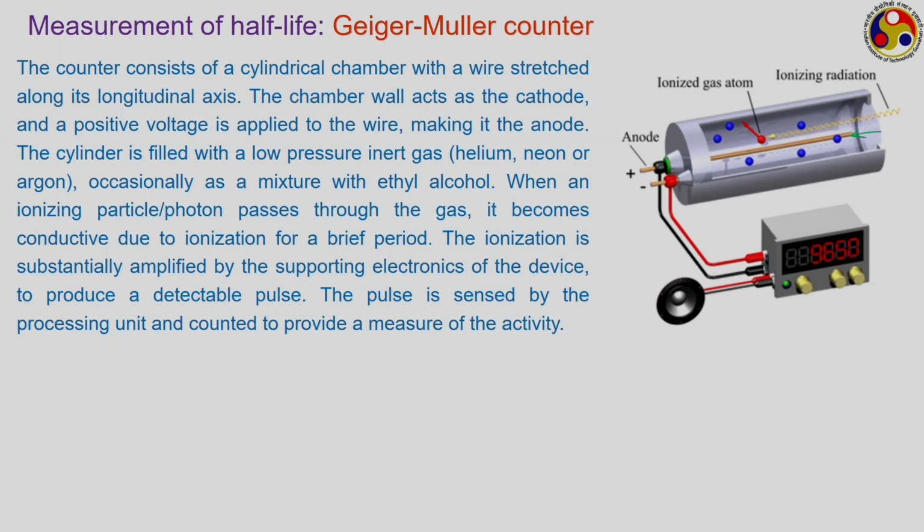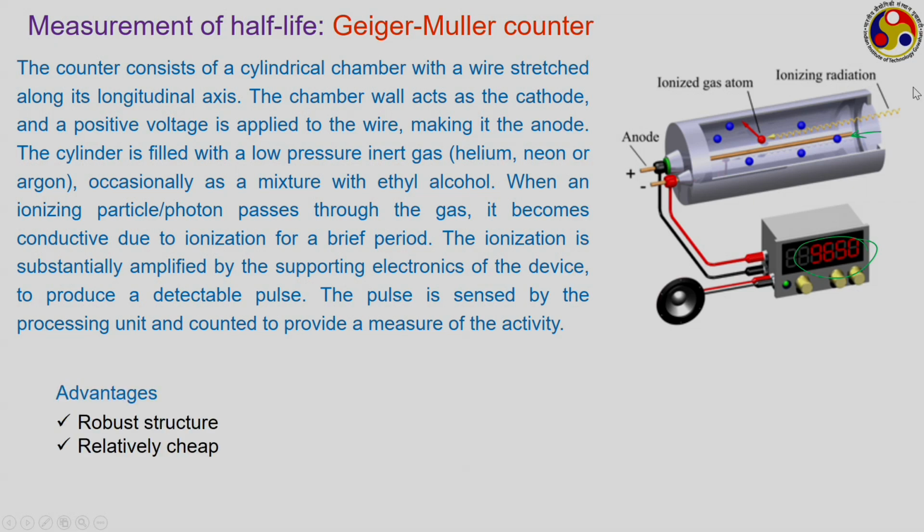This ionization is substantially amplified by the electronic circuitry to produce a detectable pulse. This pulse is sensed by the processing unit, which is here, and accordingly it provides a measure for the activity. That is, over a particular period of time, the total number of pulses it has recorded. Say if this is the pulse, then the number of pulses divided by the time is going to be the radioactivity, the activity of that particular sample.